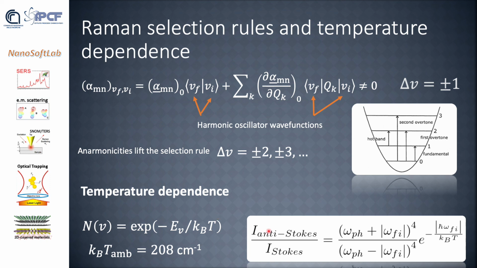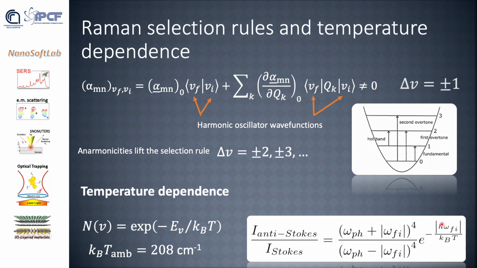If we assume this, we understand immediately that the anti-Stokes process is less favored with respect to the Stokes process, simply because the number of molecules that at thermal equilibrium will lie on the state nu equal to 1 will be smaller than the number of molecules lying in the ground state nu equal to 0.